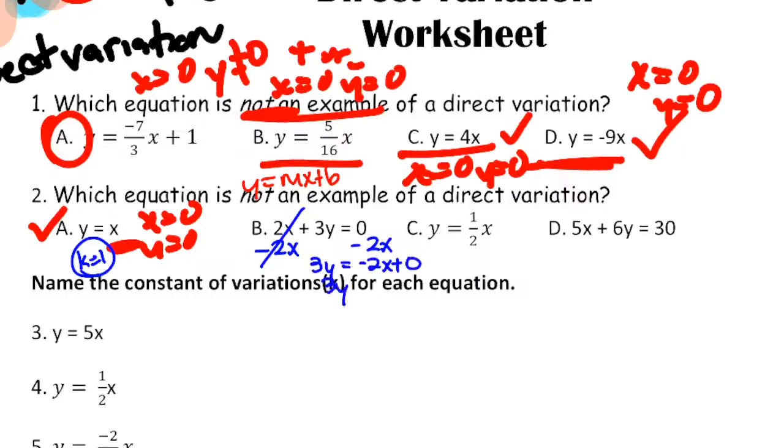Therefore, 3y equals negative 2x plus 0. And let's go ahead and simplify that to 3y equals negative 2x, okay? Because 2x plus 0 and 2x are the same thing. Now, let's get y alone. Let's divide it by 3 to both sides, and we end up with negative 2/3 x.